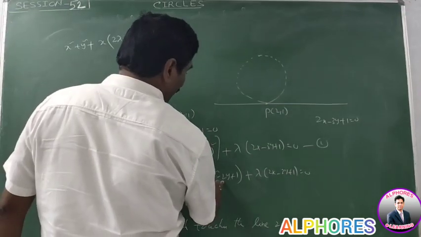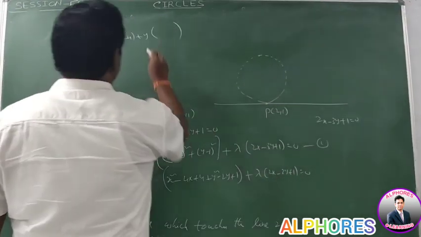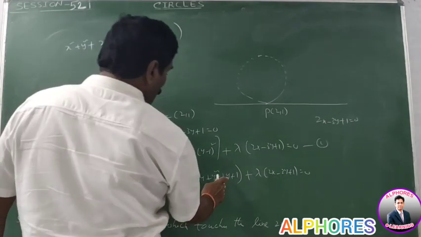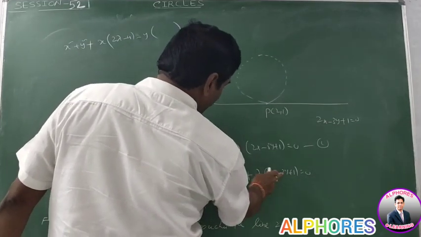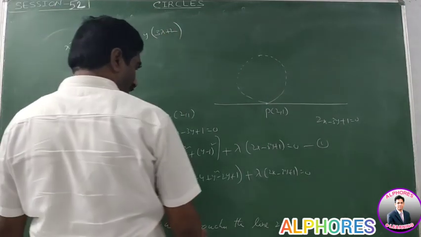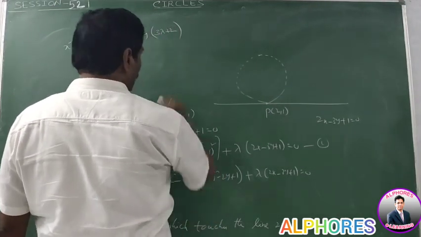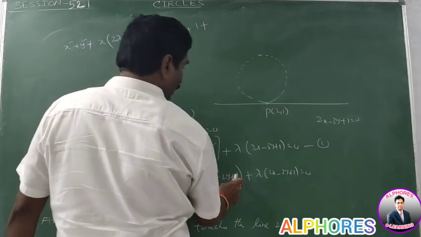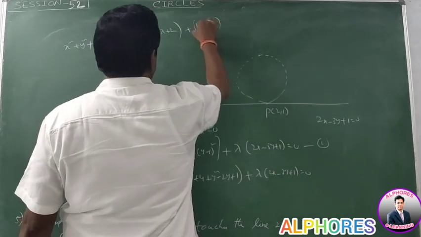Here the y coefficient is minus 2y and here minus 3y lambda, so it is 3 lambda plus 2. Next, the constant terms are plus 1 plus lambda, so 1 plus lambda equals 0.